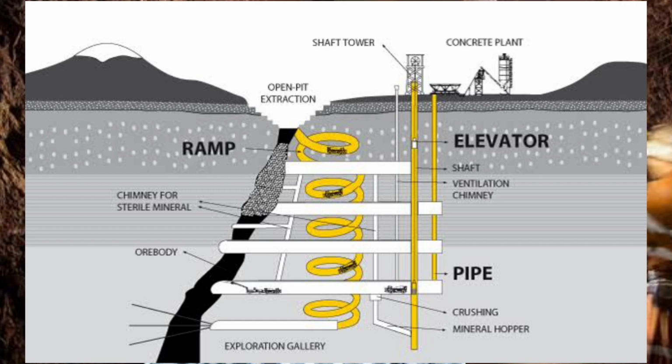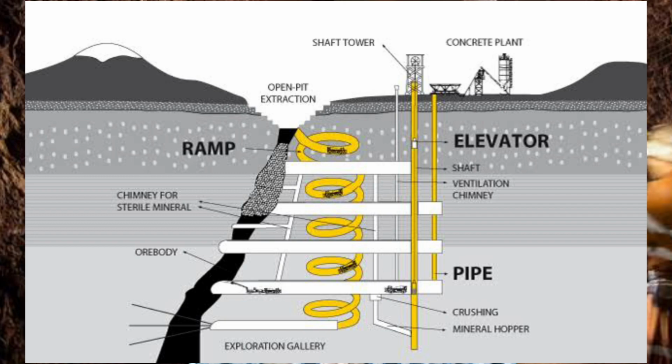Here we can see there is an ore deposit. We can access that ore deposit via an adit or tunnel, or via a vertical shaft. So basically these are the accesses, how we can access the ore body. One by one we are going to discuss them in the next slides.